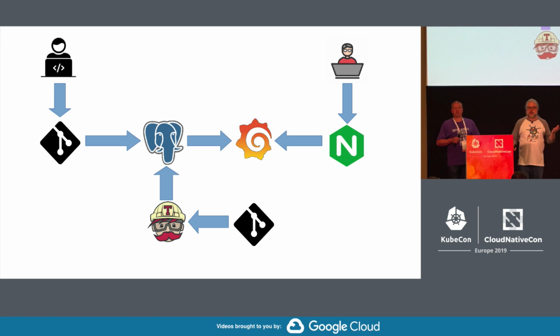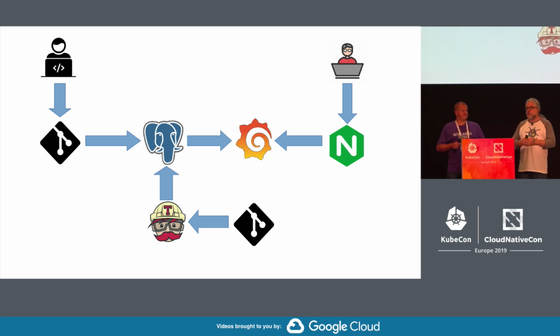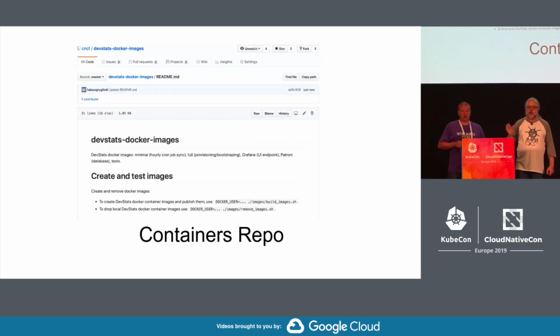That is then displayed via Grafana, which people access through an NGINX Ingress access in the front end. Also in the back end, changes to the data structure and the generated reports come from GitHub, and Travis CI tests them, and then we can deploy them to Postgres. So that's sort of our basic application structure. There's a bunch of refinement in this. Again, we'll get more into that. Yeah, this lives in 3 different repositories.